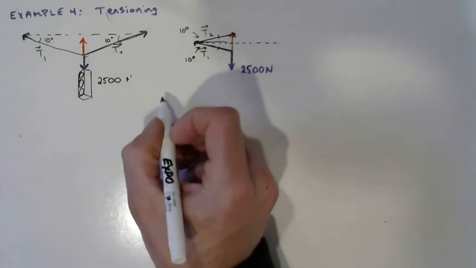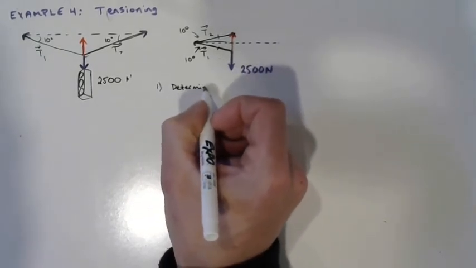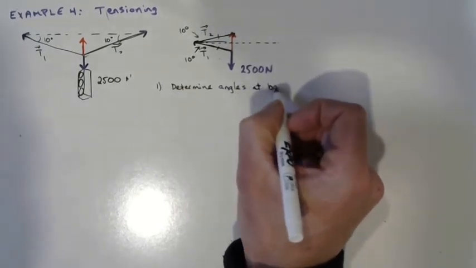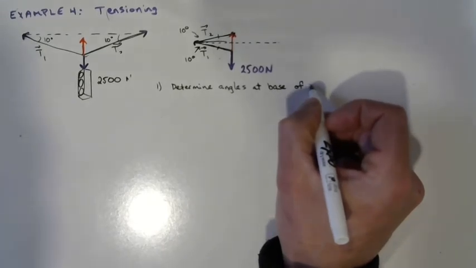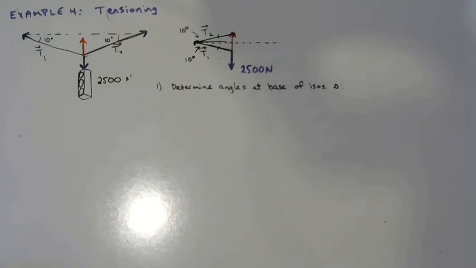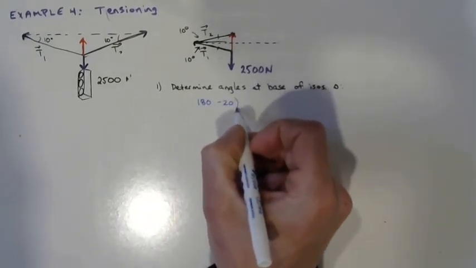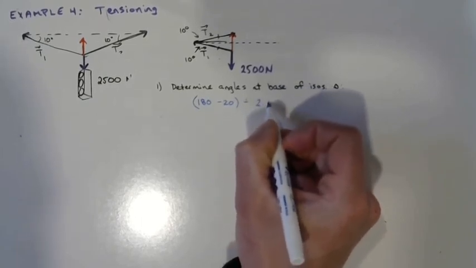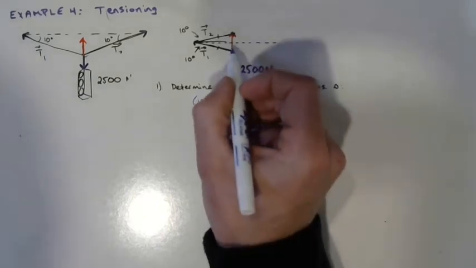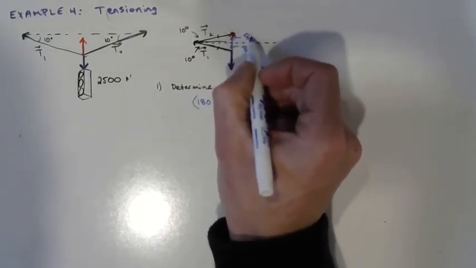So, step one, determine angles at base of isosceles triangle. We take 180 minus 20 and divide that by 2. That gets you 160 divided by 2, which is 80 degrees. So each of these angles at the base is 80 degrees.